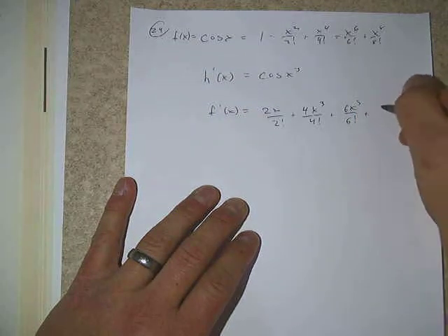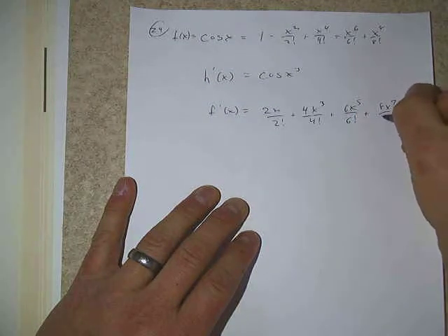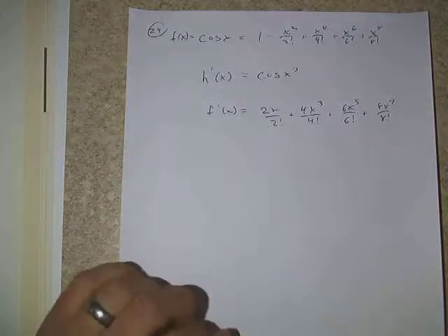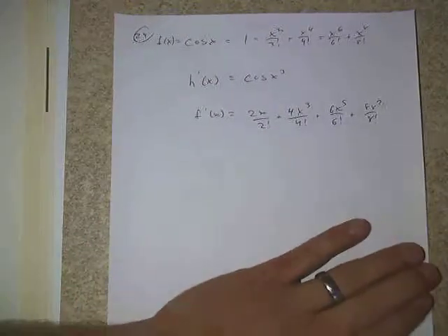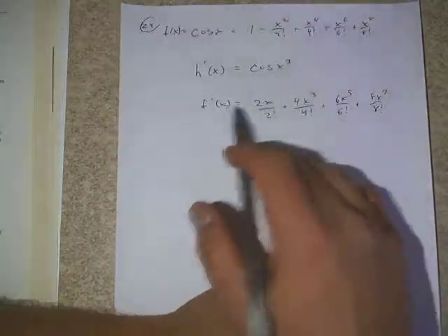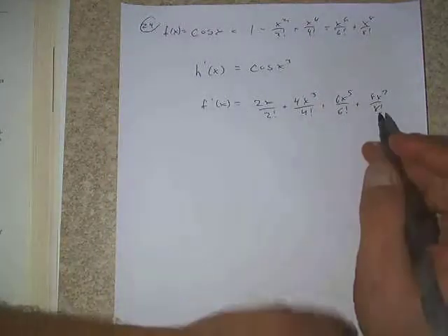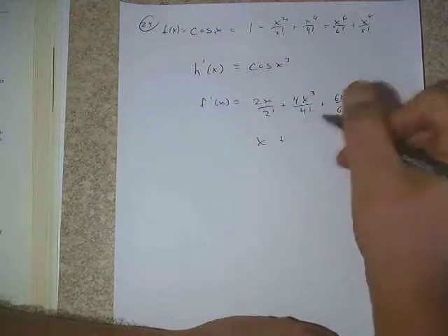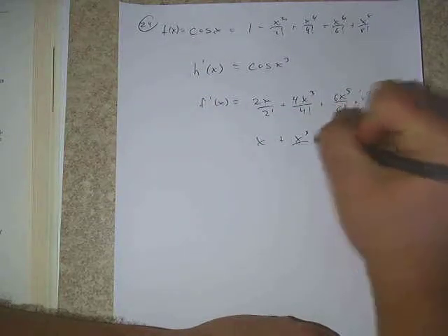So if we differentiate the cosine function itself, we get 6x to the 5th over 6 factorial, and then 8x to the 7th over 8 factorial.